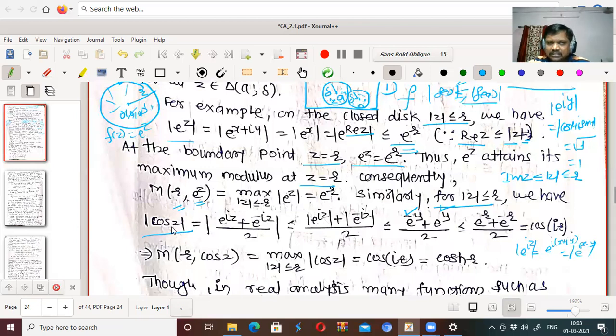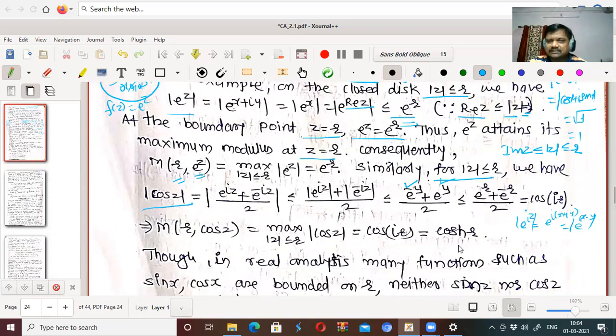That means the maximum value of modulus of cos z is attained at z equal to ir. Similarly, the maximum value of cos z with mod z less than or equal to r is equal to cos ir, but cos ir is again nothing but cosh r, because these two are the same. Cosh r is e to the power r plus e to the power minus r divided by 2.